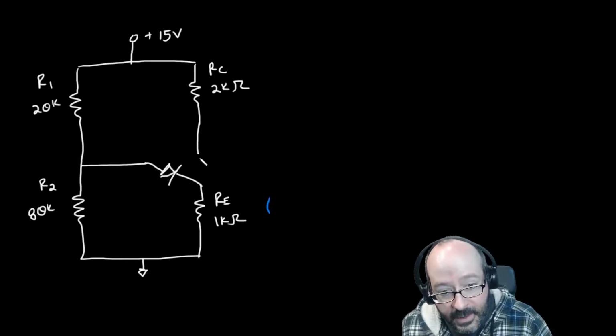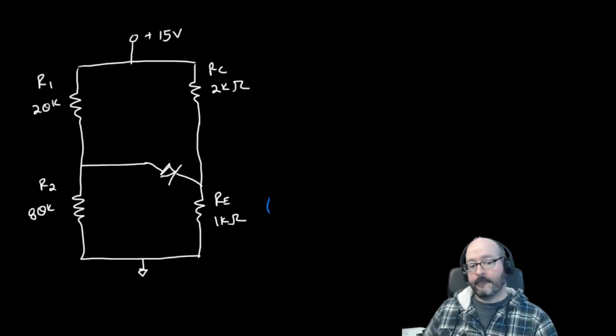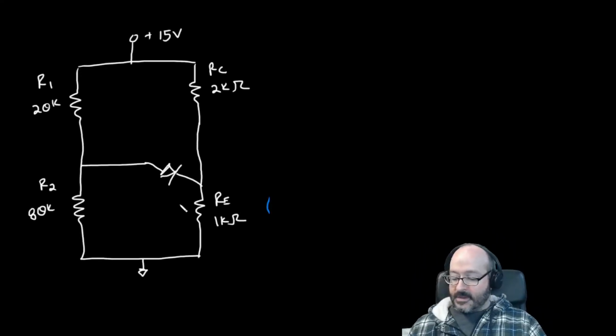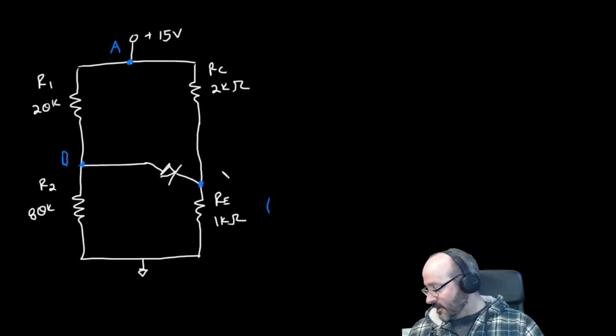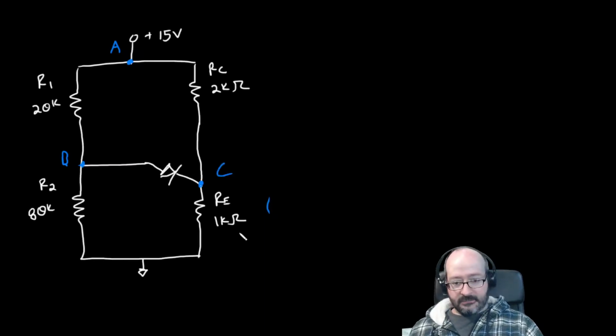And this path is now shorted, just like that. All right, so we got to reanalyze it. A, B, and this is now C and E because they're shorted together. So you have to pick what you call it. I'm just going to call it C.